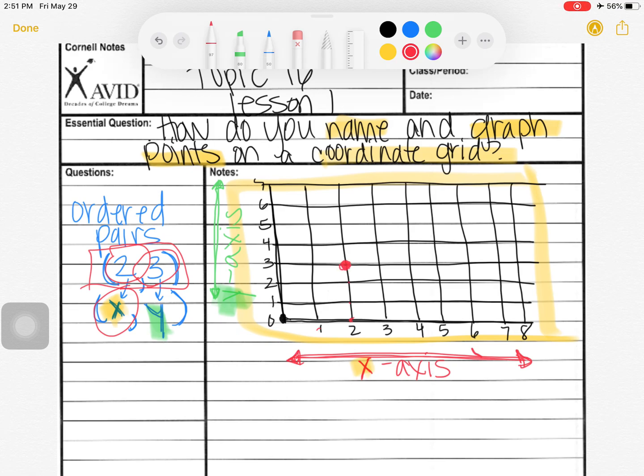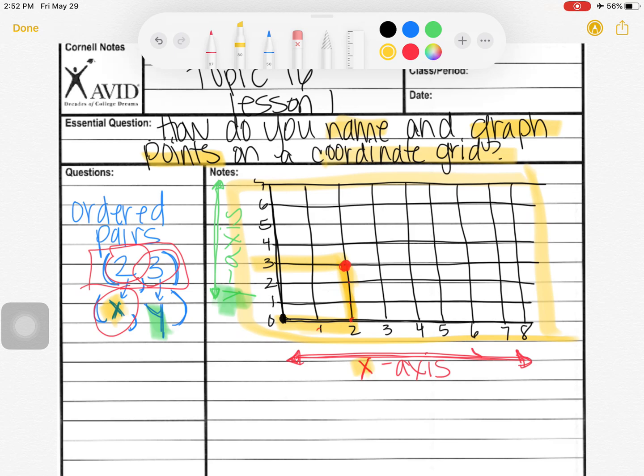That is where my ordered pair point will be, right there. I went on the x-axis to the 2 and up the y-axis to the 3. That is how we can find the numbers.